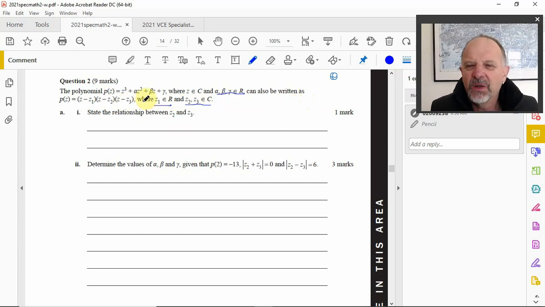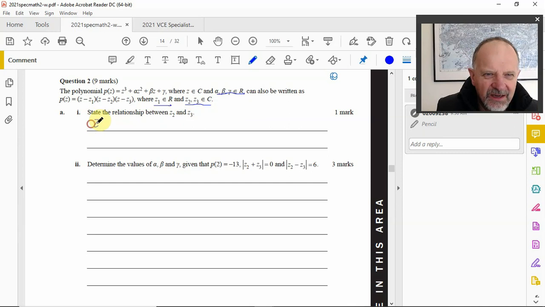All right, so if we have real coefficients of this, then this is the conjugate root theorem. So what can we say about Z2 and Z3 is that they are conjugates. So Z2 and Z3 are conjugates.